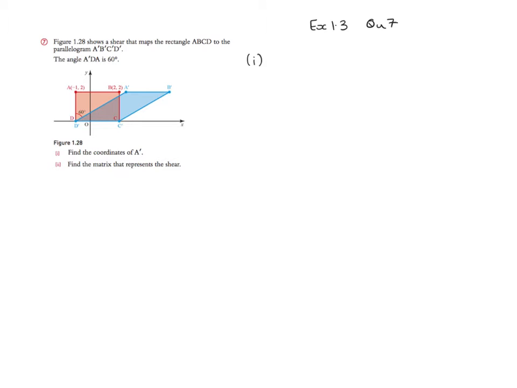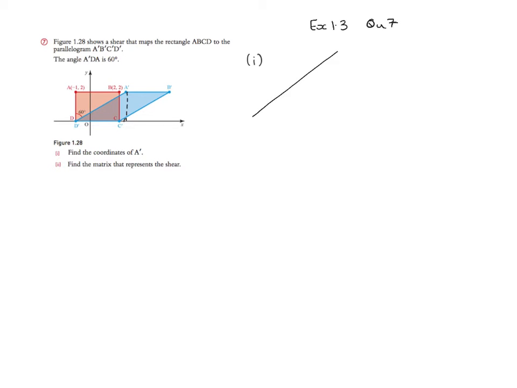So I'm going to draw in a vertical line, drop down a perpendicular like that from A' to the x-axis, and notice, because it's a parallelogram, A' is not directly vertically above C'. C' is slightly to the left of A'.